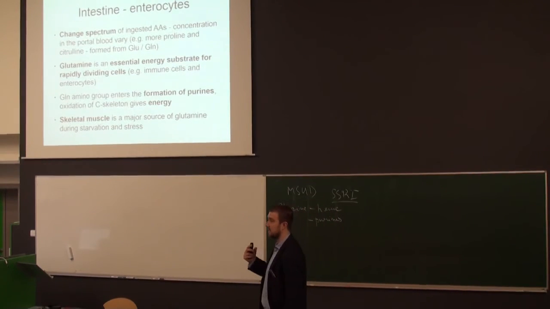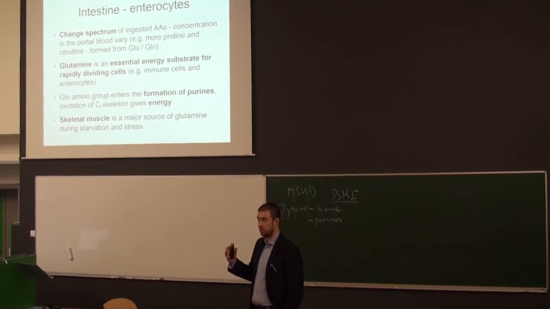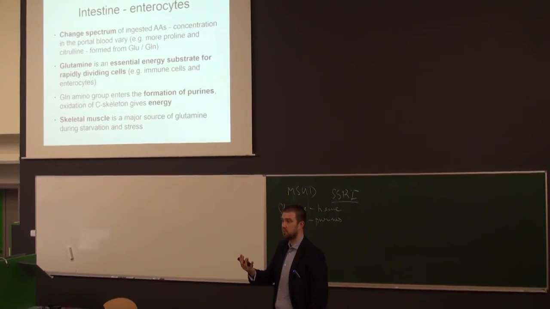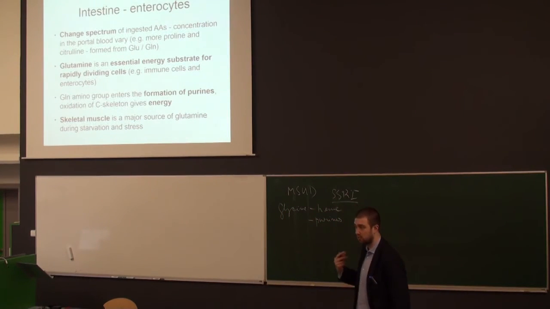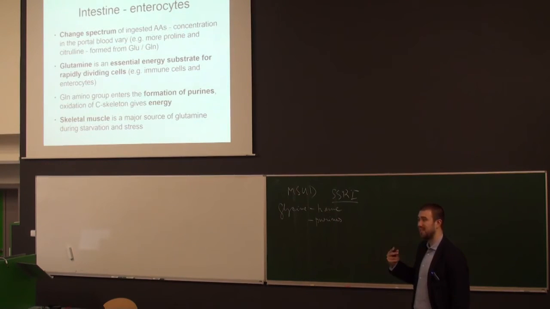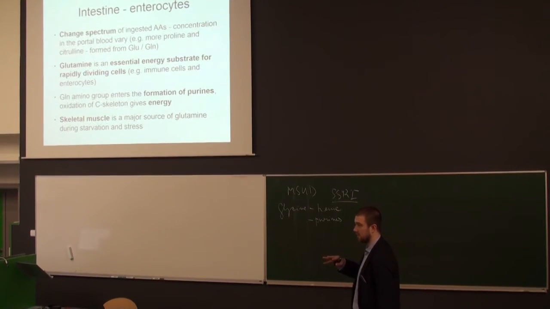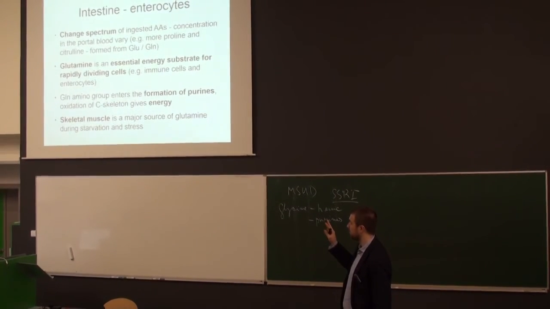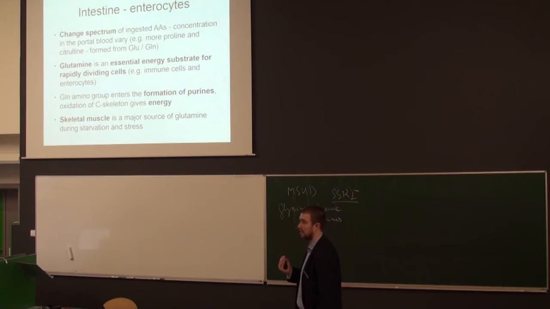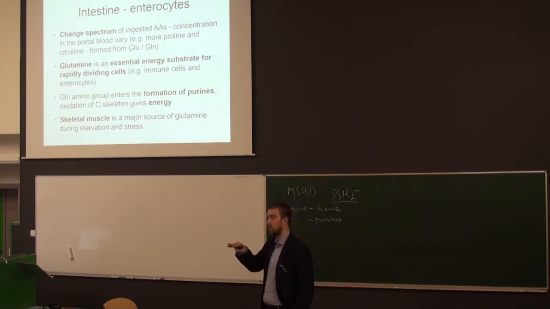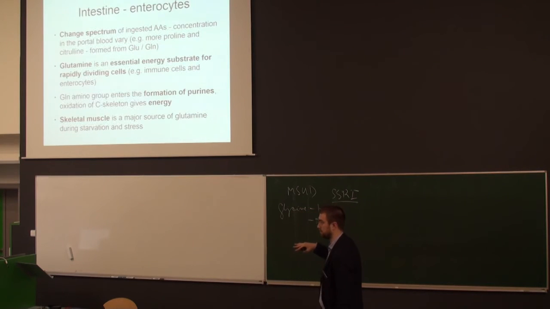For some amino acids, they really modify the composition of the amino acids from the proteins in the diet and the composition of the amino acids that they secrete into the bloodstream. So enterocytes actively modify the composition of the amino acids, and here you have some examples. Typically, they secrete a higher amount of proline and citrulline, and on the other hand, they consume glutamate and glutamine. So they secrete a lower amount of these two amino acids.